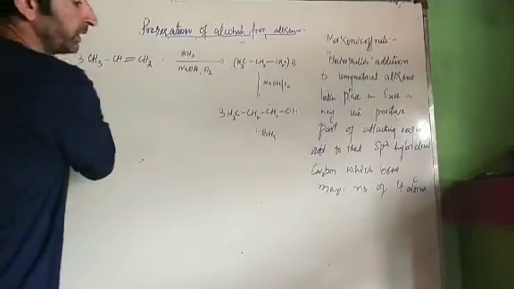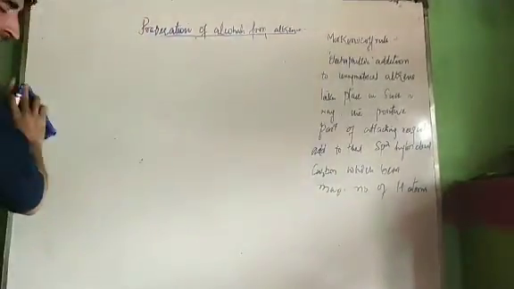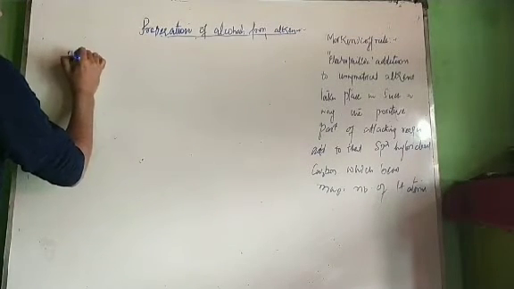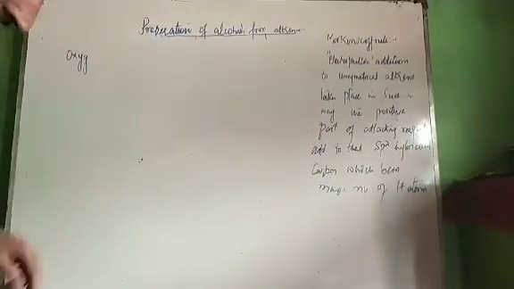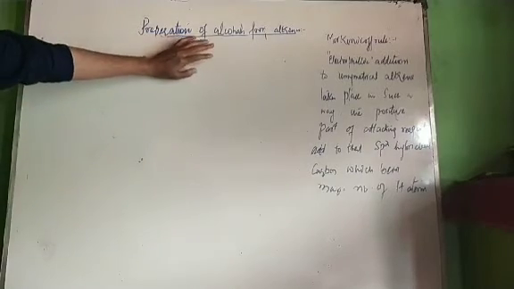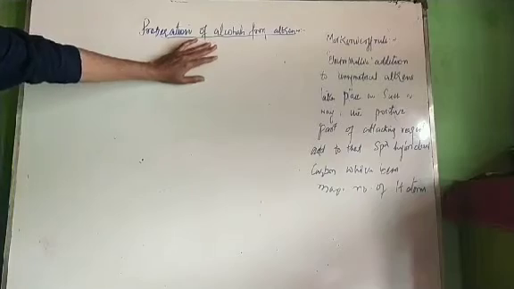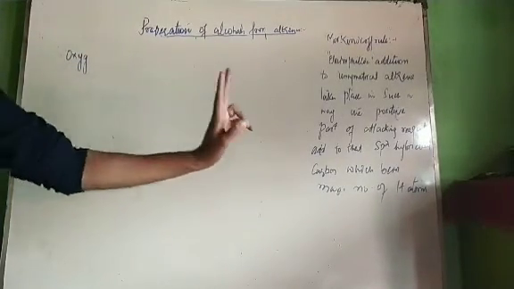The third method is the oxymercuration and demercuration reaction. This question has been asked in GATE, in the GATE exam or the NET exam, somewhere. Does hydroboration oxidation follow Markovnikov's rule, not follow it, or may or may not follow it? It follows Markovnikov's rule.